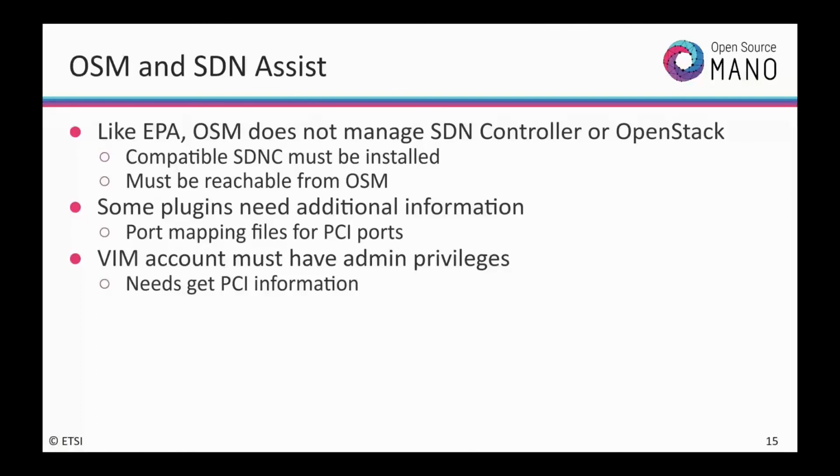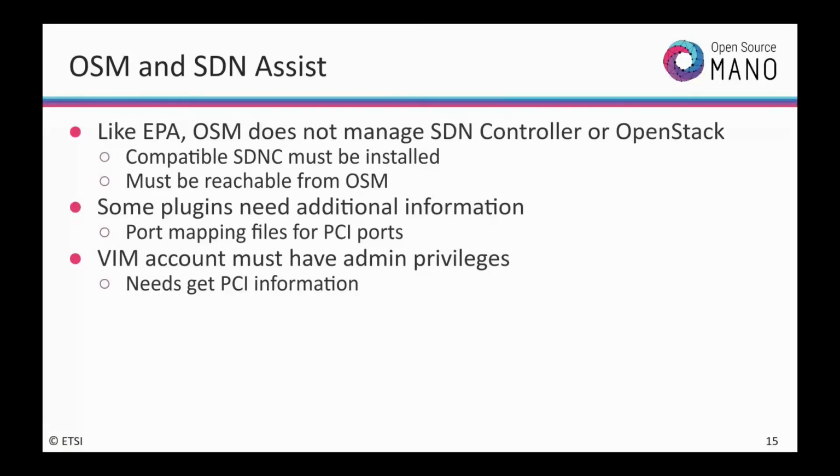OSM uses what interface to talk to the SDN controller? Depending upon where you installed OSM, you're going to be talking to the SDN controller using TCP/IP, which eventually, through a host name, will translate to an IP address, and it will use the IP routing table of the server that you installed OSM on to talk to the SDN controller.